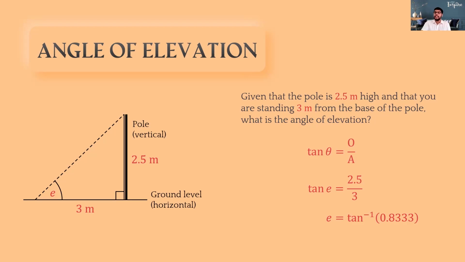You find this value from the table, and you will see that E is 39 degrees and 48 minutes. That is the angle of elevation that you're looking up at the pole. Okay, children, any questions about angle of elevation?